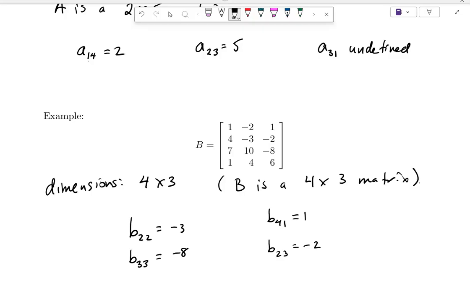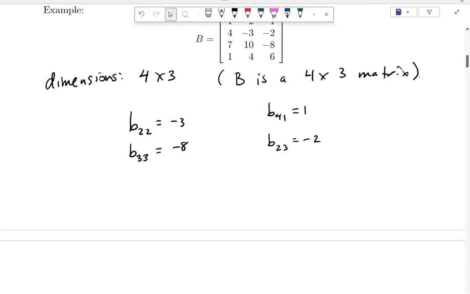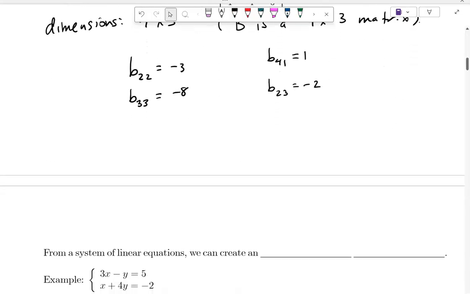Okay. So that's just giving you some introduction into matrix notation and some matrix definitions. For at least to start with, our main goal for using matrices right now is as a bookkeeping idea. We're going to use matrices basically to keep track of numbers to help us solve systems of equations. That's our first goal of these things.